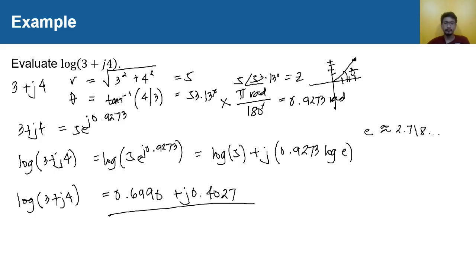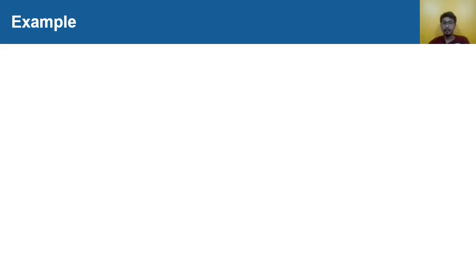Next example: evaluate the natural logarithm of 2 plus j3, or ln of 2 plus j3. So we need to obtain the exponential form of 2 plus j3. First, we convert this given rectangular form to polar form. So again, we have r and theta.